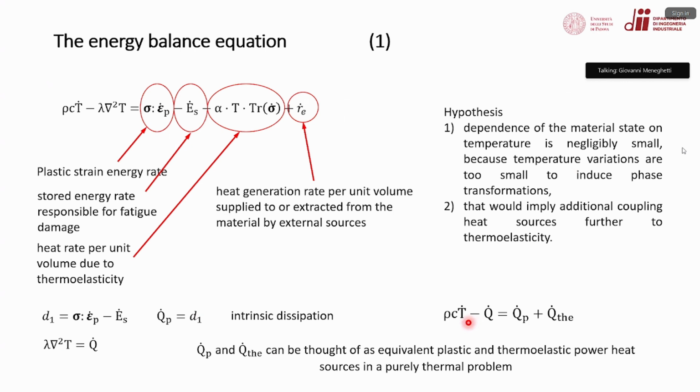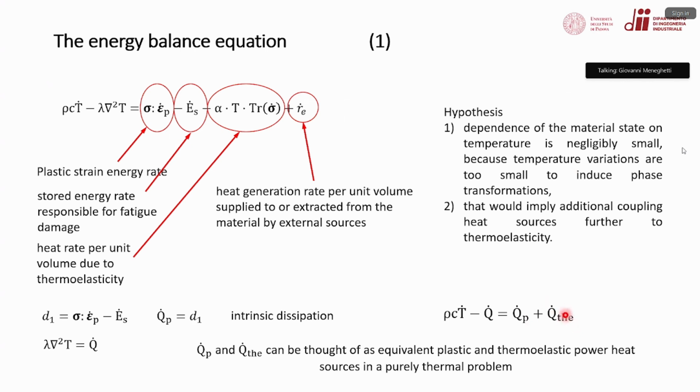So by introducing these symbols, we have this simplified version of the energy balance equation. Okay. So on the right-hand side, we have two equivalent power heat sources.